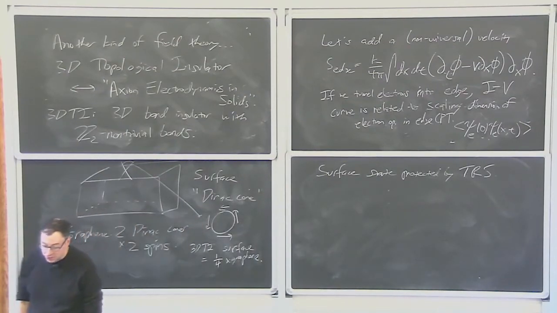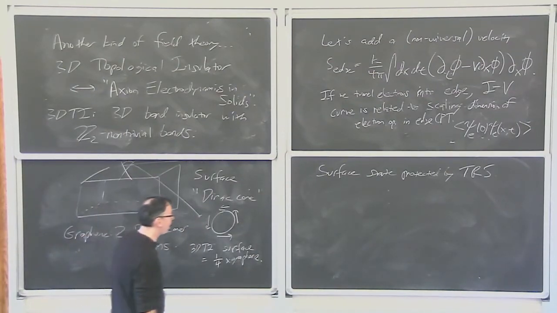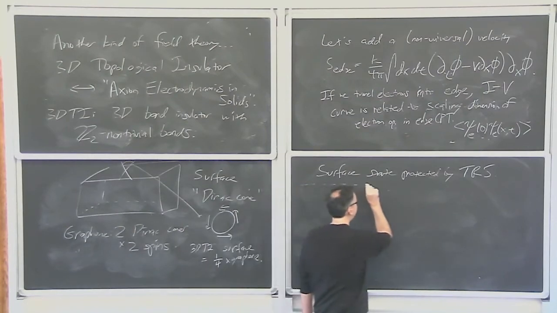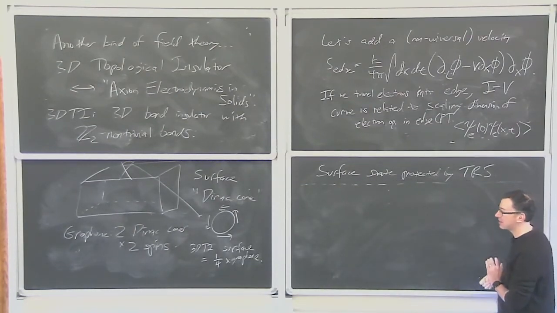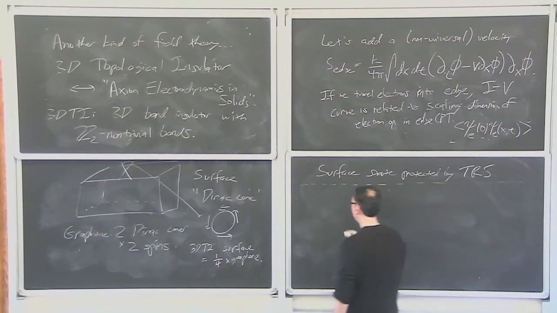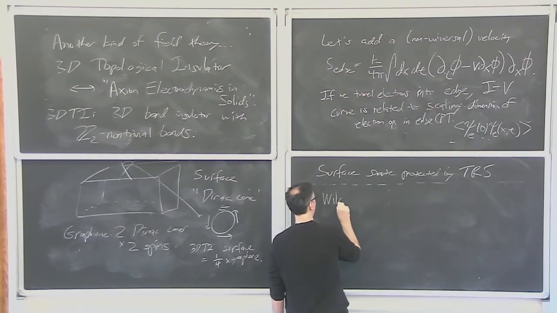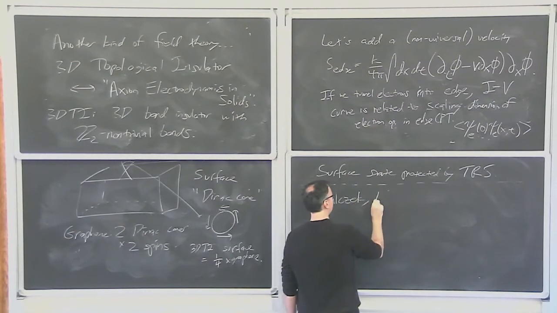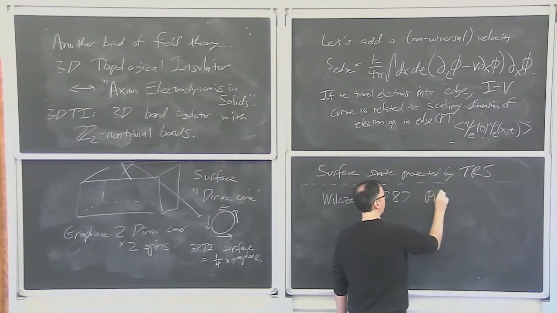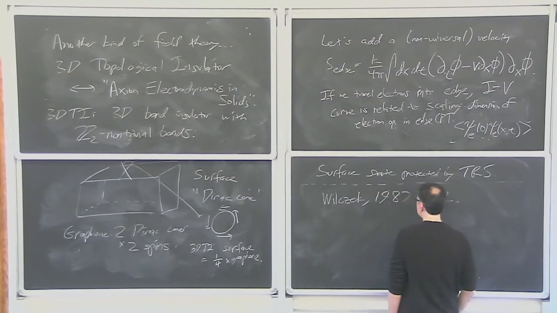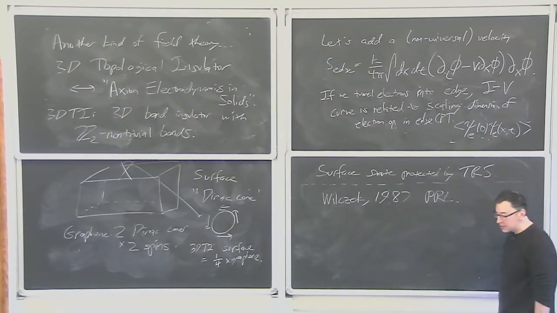And then definition 2 is what Wilczek was talking about. And at first glance, these sound totally different. So we'll spend 10 minutes or so making the connection. And I believe this is from 1987 or so. So we know that when we go into a solid, we modify, say, the dielectric constant and things like that.